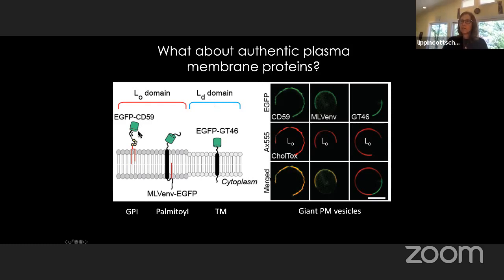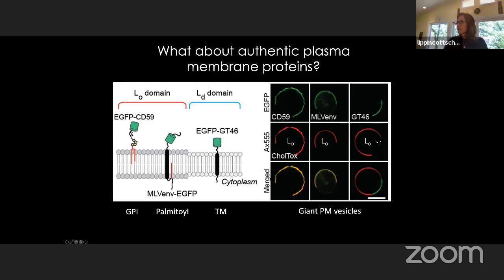For instance, CD59, a GPI anchored protein. Envelope protein itself prefers being in a liquid ordered domain, presumably because it's got this palmitoyl moiety. And this GT46 is known to not want to be in an ordered environment.